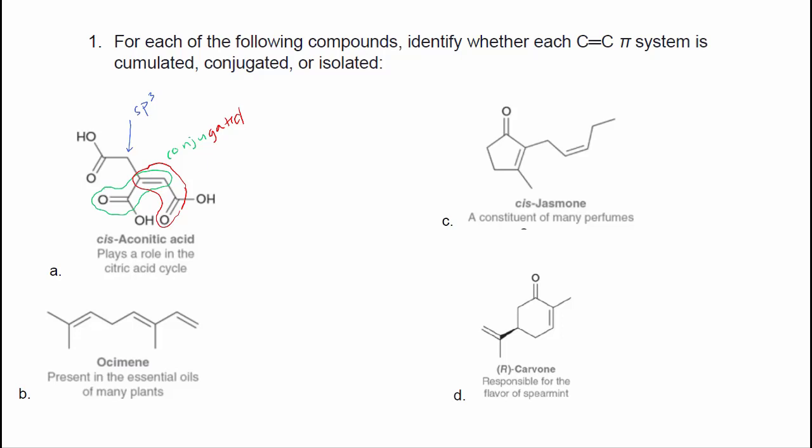All right, and then if we're looking at B, which is ocimene or essential oil, this one right here is conjugated. We have that single bond in between there, but if you were looking at these two, this is isolated.